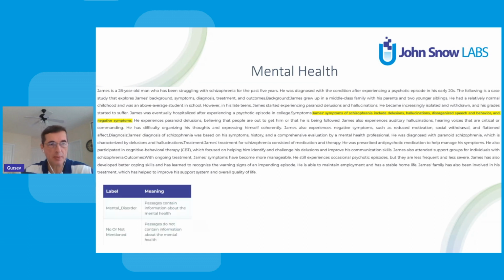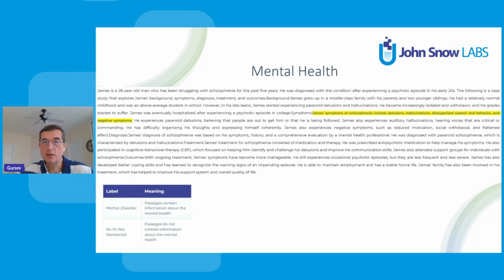There are two labels here. One of them is mental disorder, which means that the person has some mental health problems. The other, no or not mentioned, means that there are no mental health problems or they are not mentioned at all.